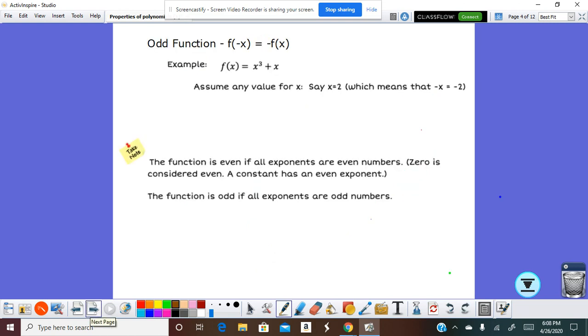So another one. When is a function an odd function? A function is odd if f of negative x is not equal to f of x. Instead, it is equal to negative f of x. This means that you get opposite signs.